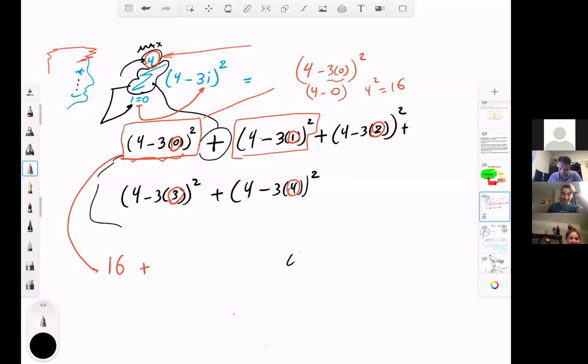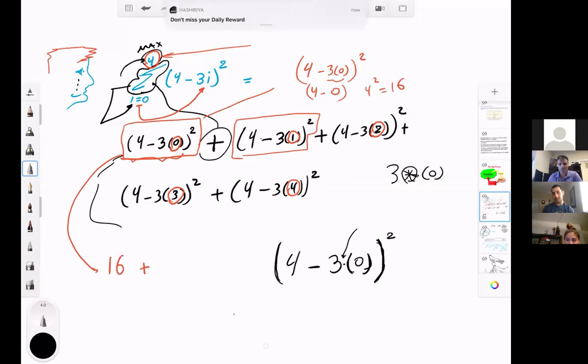So we had 4 minus 3 times 0 in parentheses, then a square, correct? So there is no rush. We have minus, then here's a multiplication. Usually we don't put 3 multiplied by 0. If you don't see the multiplication, this part is the same as multiplication. So what is 3 times 0?